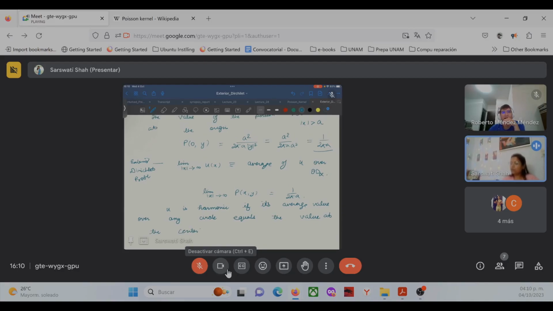So by the mean value principle, this was the average over the circle, and by the interior Dirichlet problem using the Poisson kernel, we can say that this is the value of the Poisson kernel at the center. So it is the same whether we are using the mean value property or solving a Laplacian equation to write the Poisson kernel, and in that case you can write the average value over that circle.